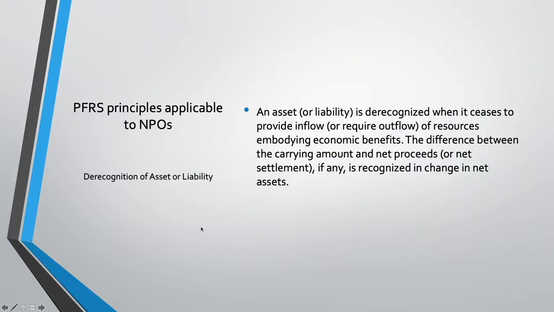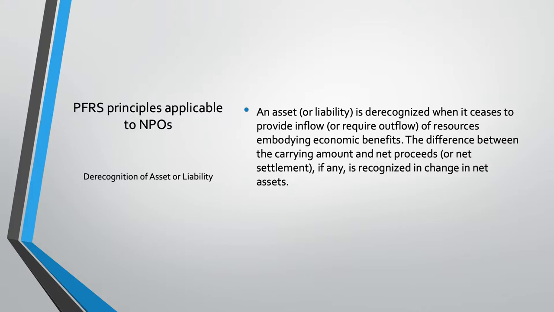So for the derecognition, this is the PFRS principle for NPOs in the derecognition of asset or liability. An asset or liability is derecognized when it ceases to provide inflow or require outflow of resources embodying economic benefits.